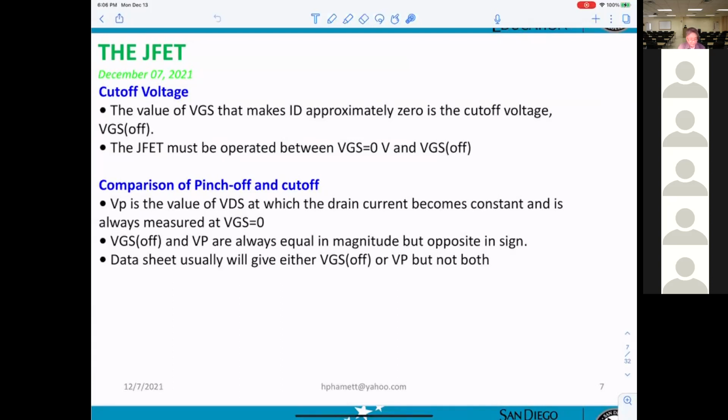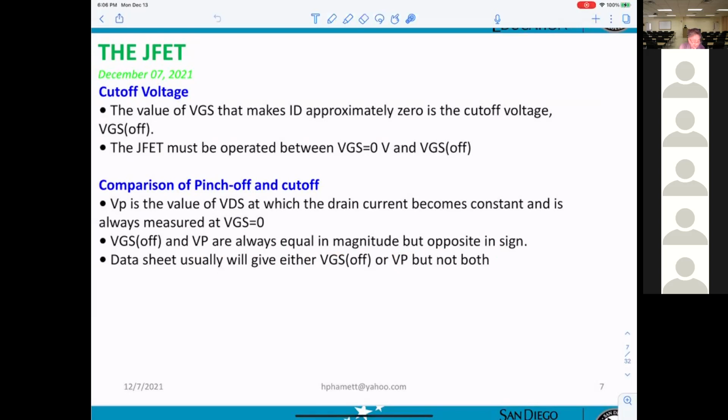Comparison, pinch-off and cutoff. VP is the value of VDS at which the drain current becomes constant, and it is always measured at VGS equal 0. VGS off and VP are always equal in magnitude but opposite in sign. That means if VP is positive, VGS off will be negative, and the value will be the same.